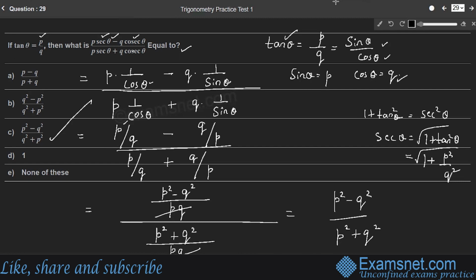Then you have to substitute the value of tan theta in the expression, right? So it becomes a lengthy process, lengthy step. Therefore, the easiest method is better: express tan in terms of sine and cos, then substitute the values of sine and cos. So this will be easy, right? Therefore, the final answer is option C.